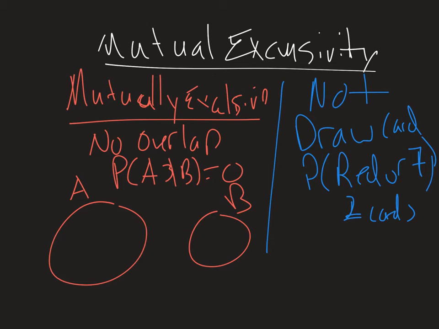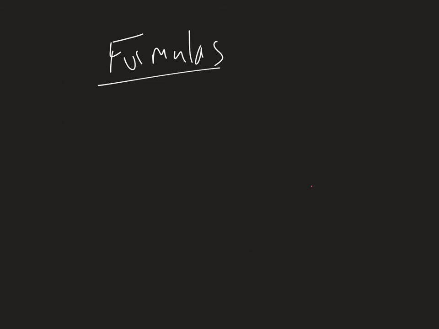A red could contain some of the 7s, and the 7s could contain some reds. Versus if we're looking at something that is mutually exclusive, I can't have the same outcome on a die as I can on a coin. And that's what it means to be mutually exclusive.